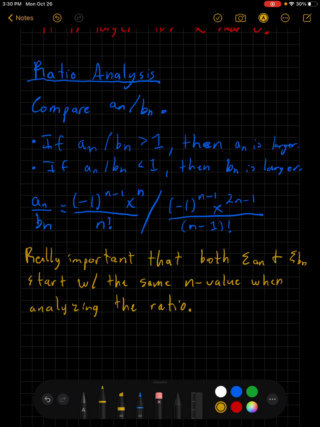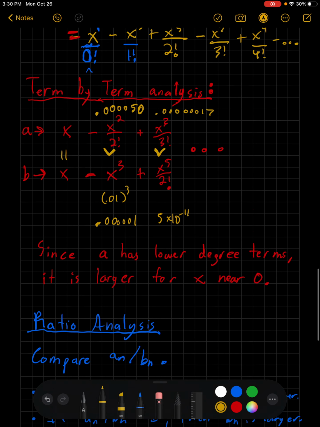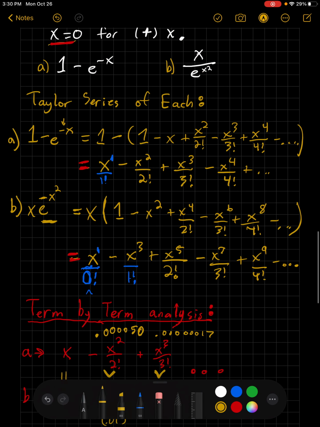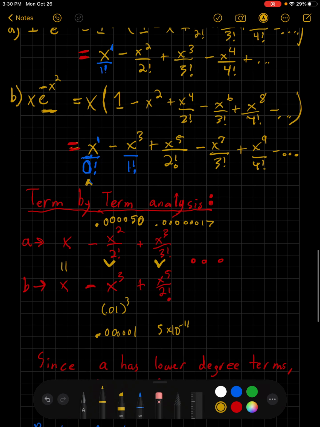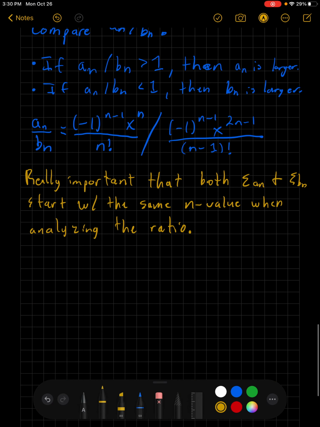All right, because if I want to know if the nth term of A is larger than the nth term of B, I better make sure that I'm doing the nth term of each. So that's why this n minus 1 factorial is happening in the denominator, because I want to start both with n equals 1, but the first term of B has a 0 in the bottom, so I need to make that n minus 1. So just be really careful about that when you're doing this.